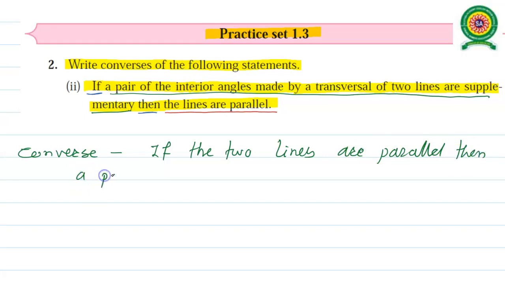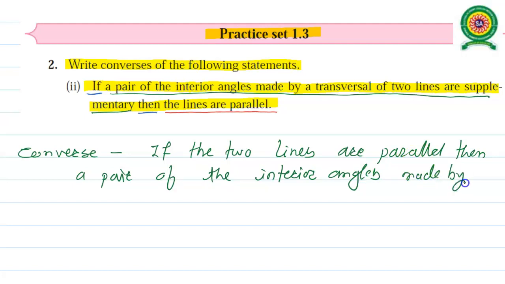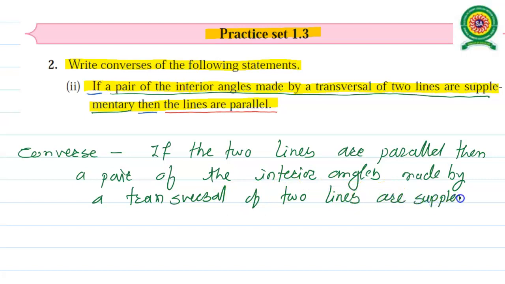A pair of interior angles made by a transversal of two lines are supplementary. What is meant by supplementary? The sum of them is exactly equal to 180 degrees.